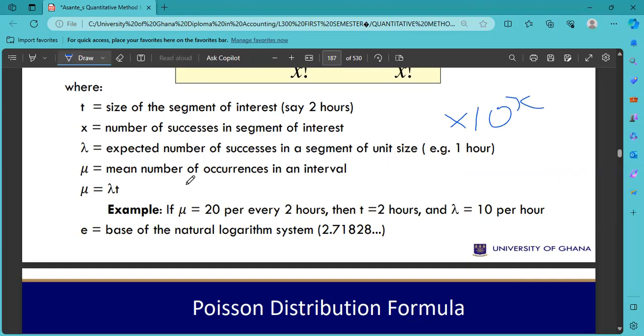So when you press alpha and this key on your calculator, you will get your e. So let's move on.